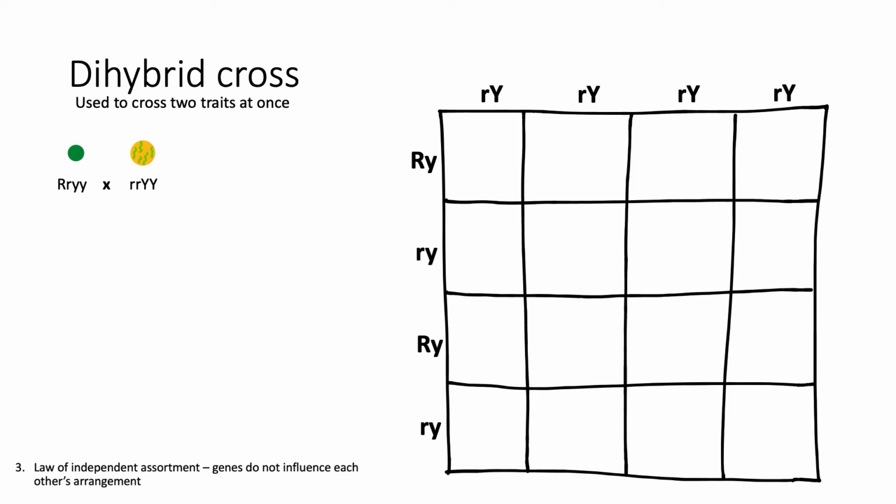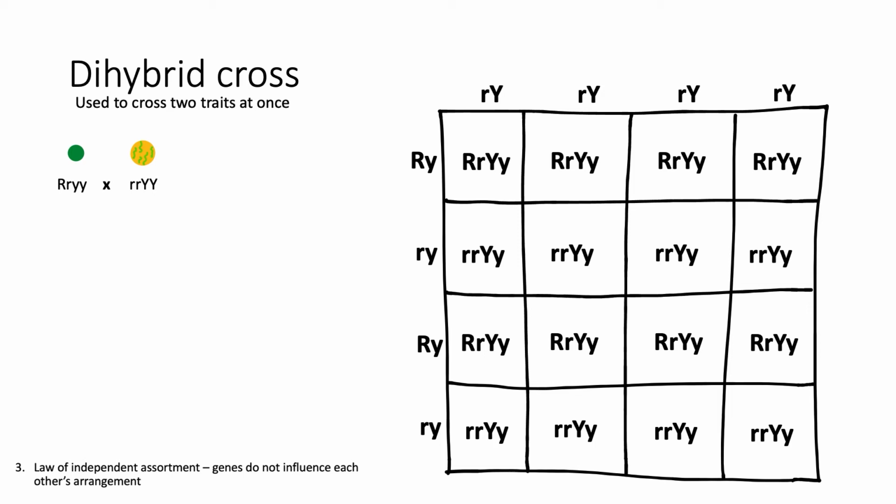First of all, on the top, the only combinations for the yellow wrinkly pea is lowercase r, uppercase Y, while on the left, the possible combinations are uppercase R, lowercase y, and lowercase r, lowercase y. So we'll take every combination to get really only two possible genotypes, just repeated many, many times. And these are uppercase R, uppercase Y, lowercase y, and lowercase r, uppercase Y, lowercase y.